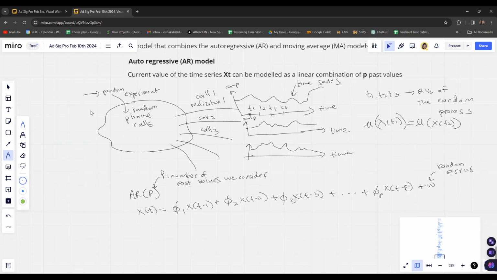So this random error can be similar to white noise.